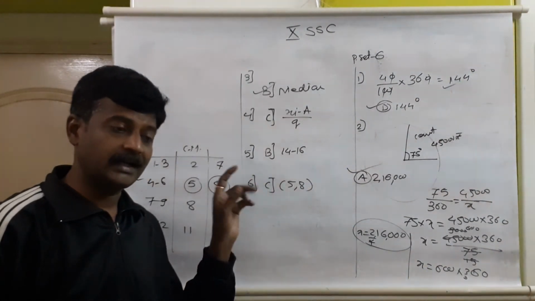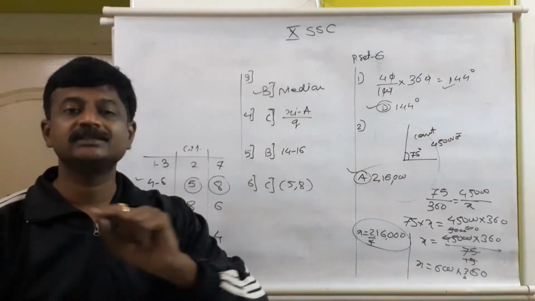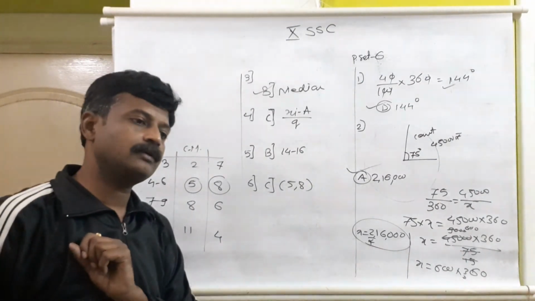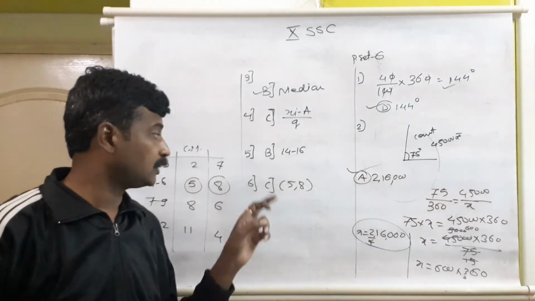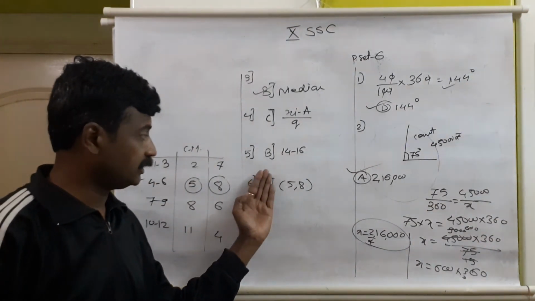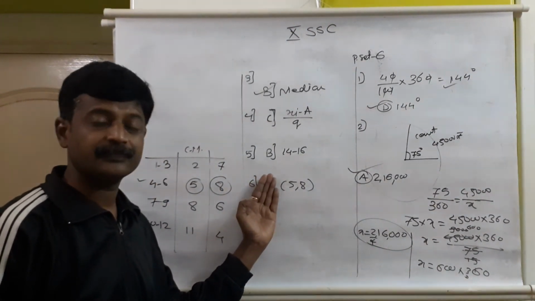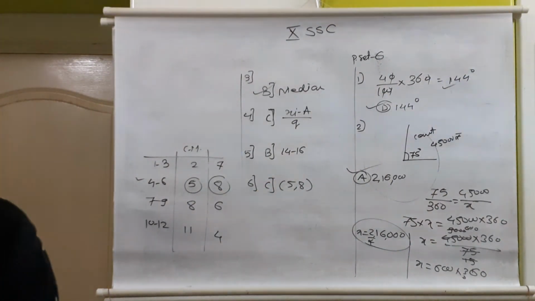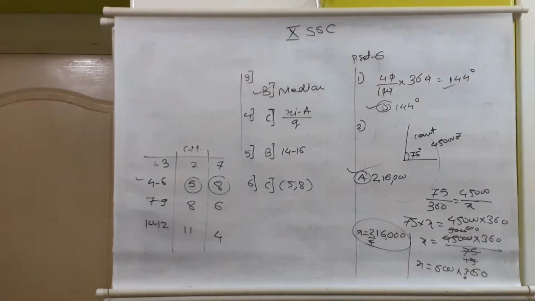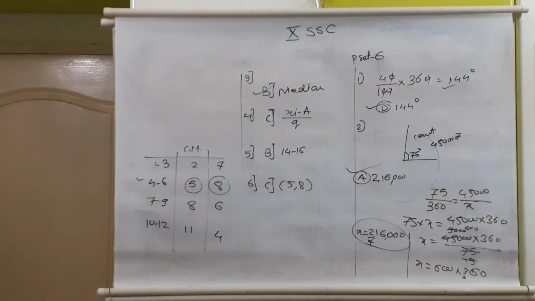Which option is correct: A, B, C, or D? Or if 1, 2, 3, 4 is mentioned instead, which one is the correct option? If I write only 5, 8 and do not mention the correct option, my answer won't be considered. So it is necessary to mention the correct option along with the answer. Keep it in your mind without forgetting.